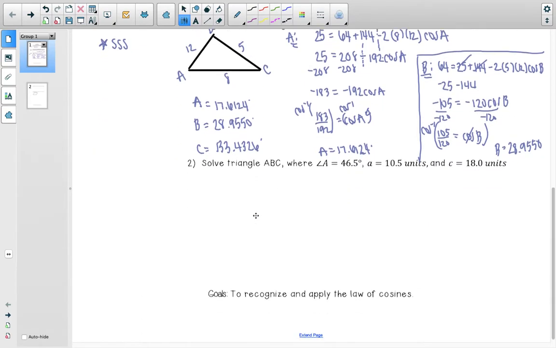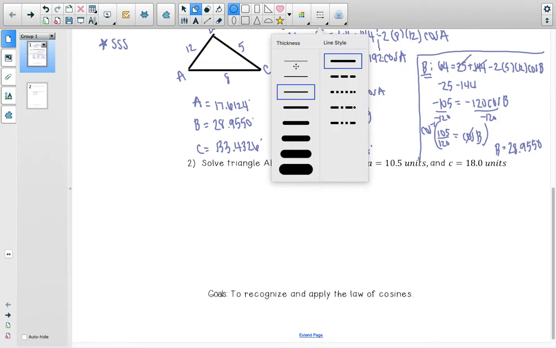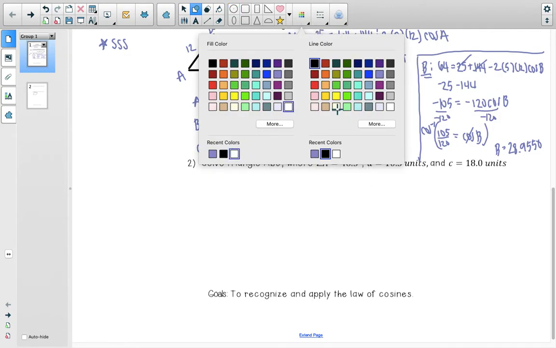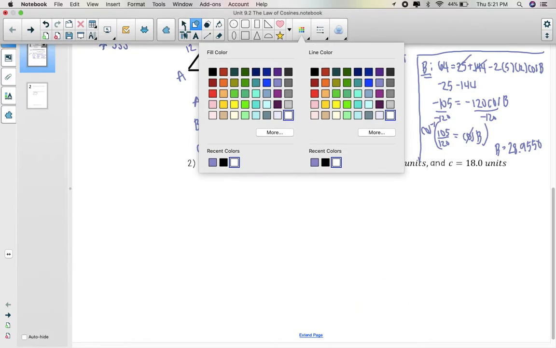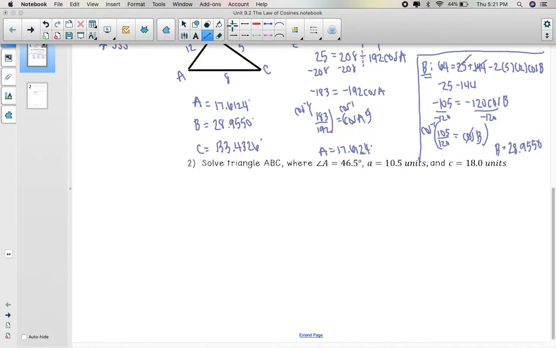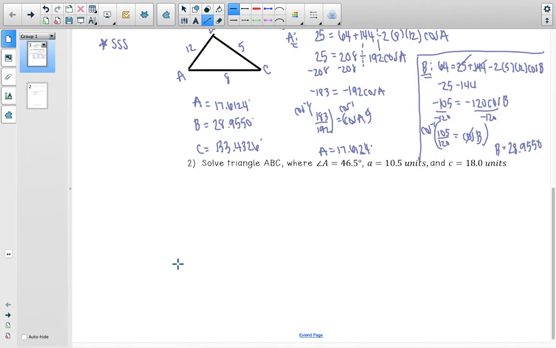Okay, so let's move on to number 2. I am going to clear this out of the way so we can see where I have more room to work. Okay, so I want to draw a triangle first, okay? And it doesn't really matter how you draw it.